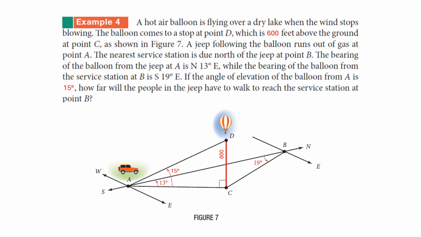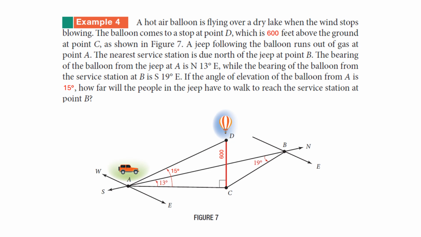So now we're going to walk through a problem that's similar to the example in your textbook for problem number 4. Some of the values have changed, but the process is very similar. So let's say a hot air balloon is flying over a dry lake when the wind stops blowing.